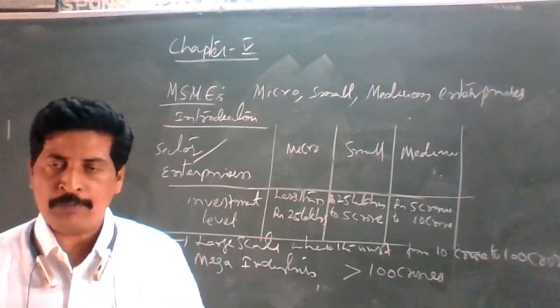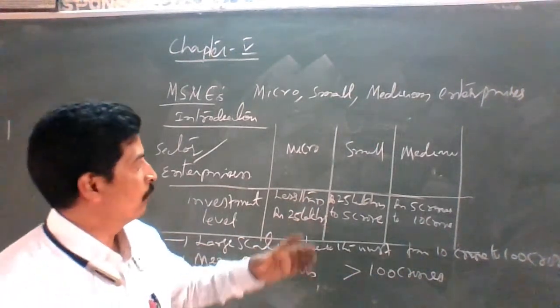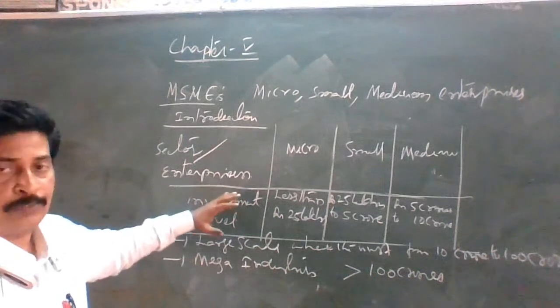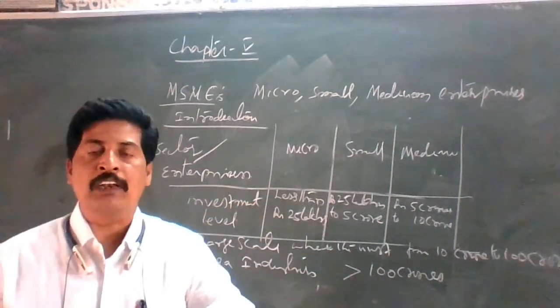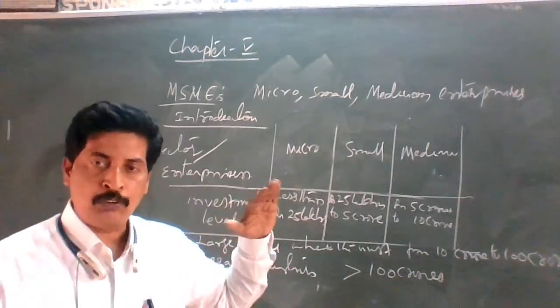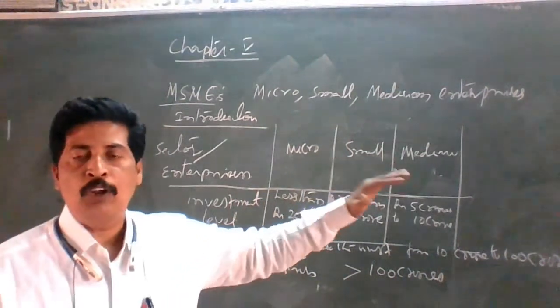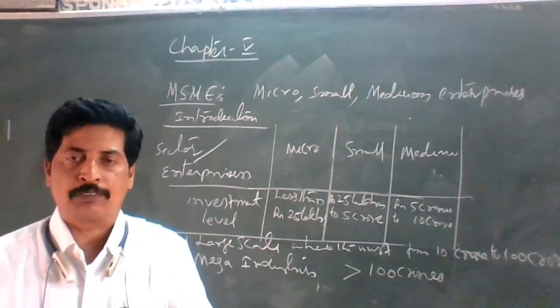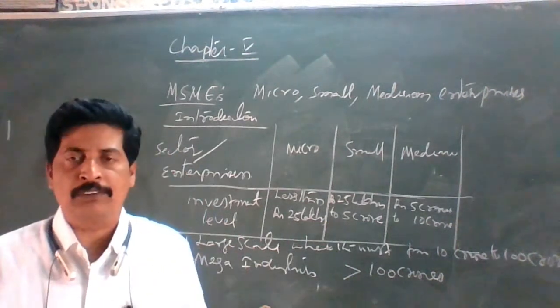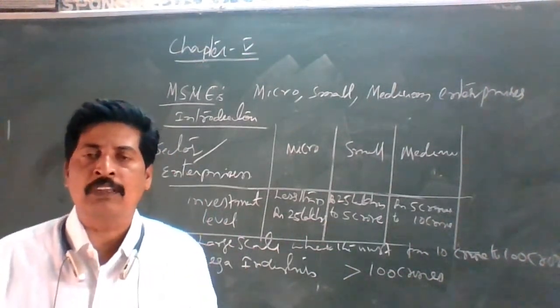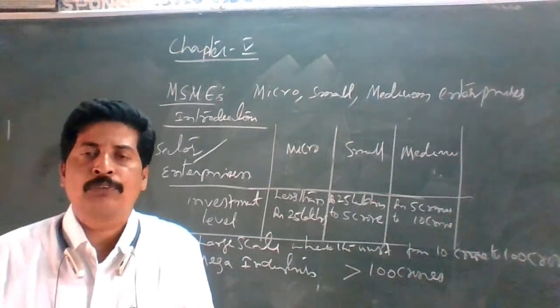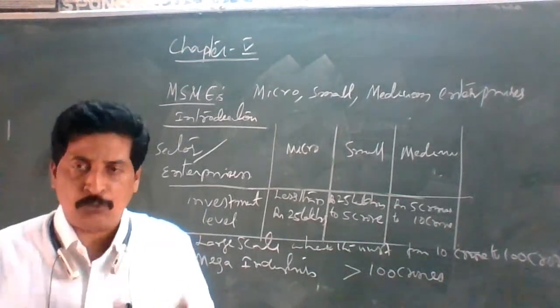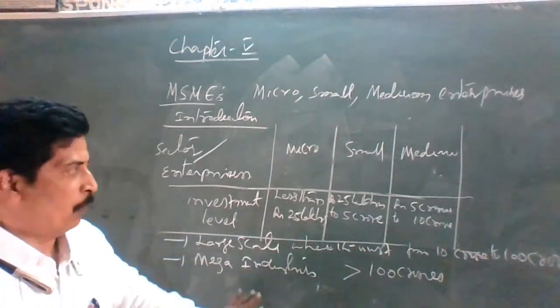What is the meaning of MSME? And what is the classification in terms of investment level for micro, small and medium? We have to write it, or otherwise keep it in our mind. When that information is necessary, we have to execute. That is very, very important.